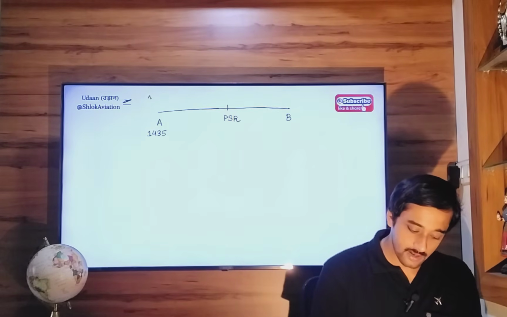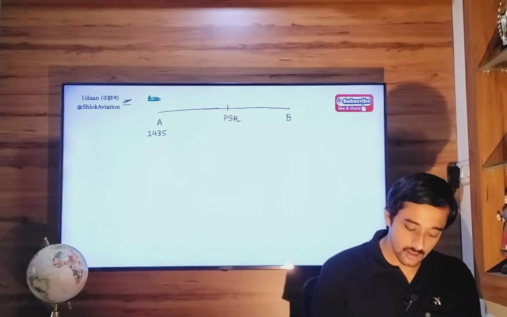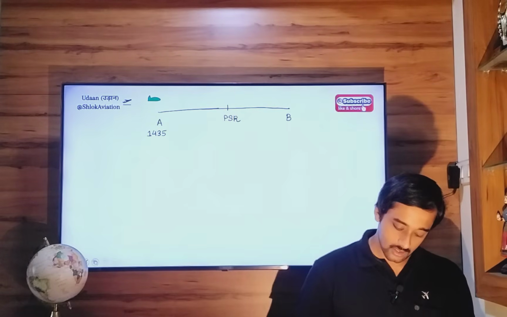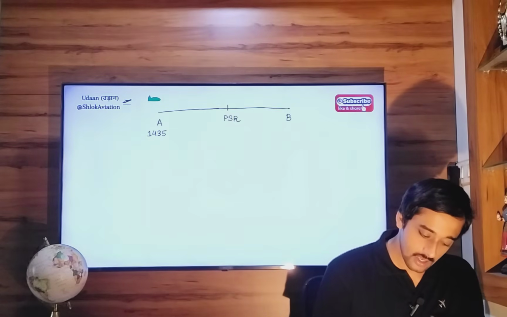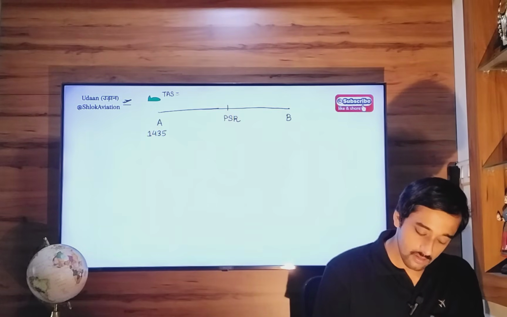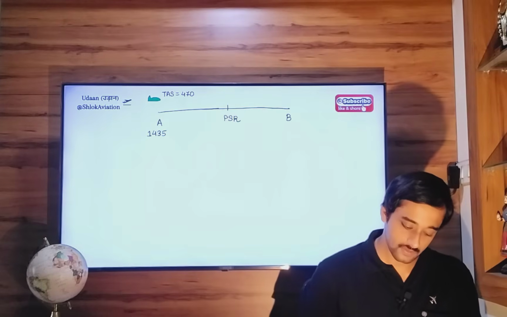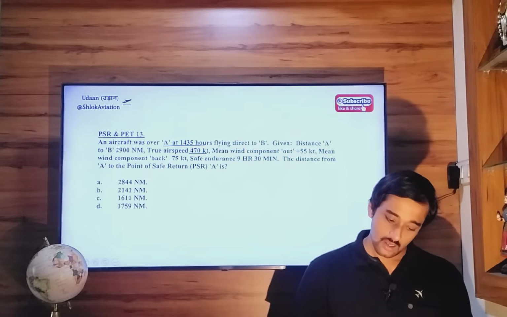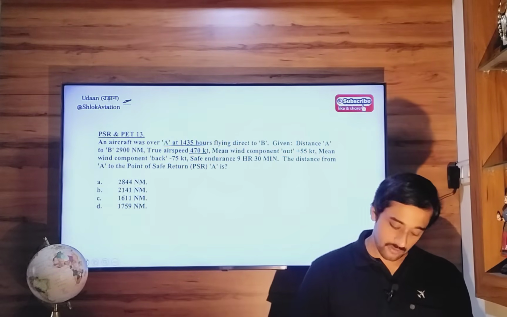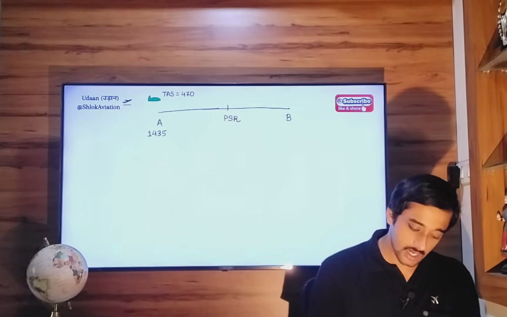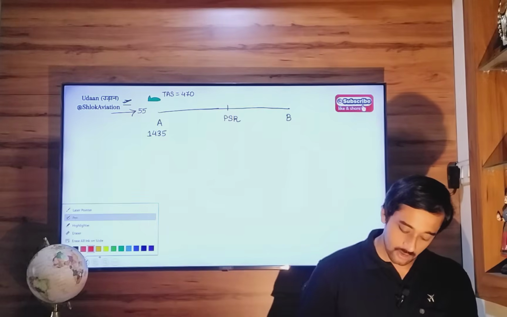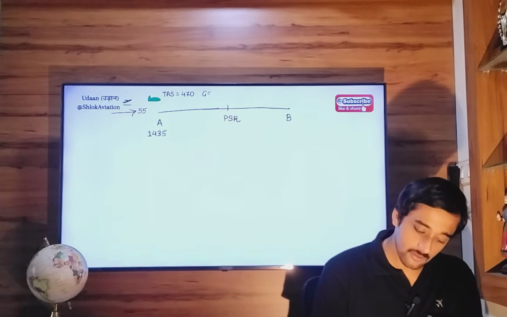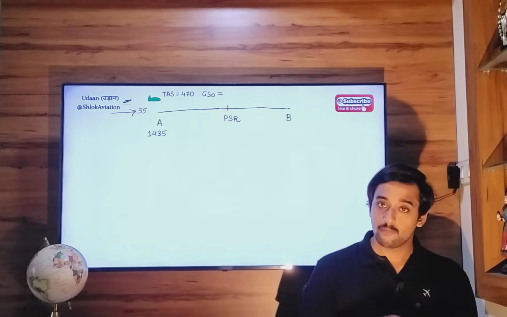Here is your aircraft at point A. True airspeed of this aircraft is 470. Outbound wind component plus 55. That means you are getting a tailwind of 55 knots. So outbound ground speed will be equal to TAS plus tailwind.